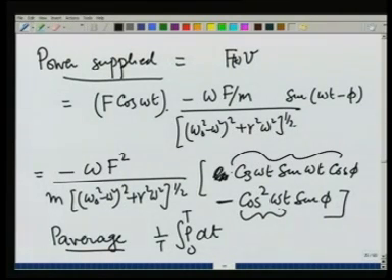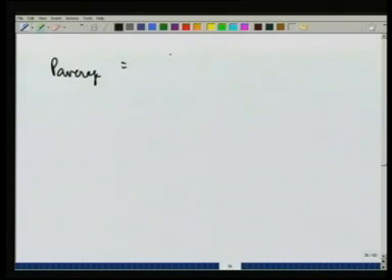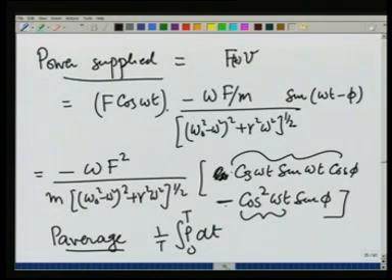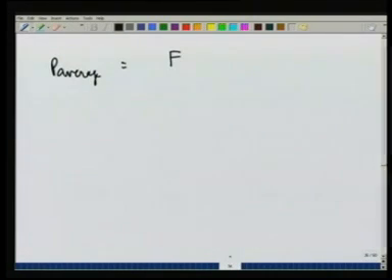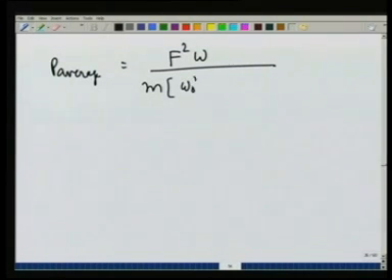Cosine square omega t integrated over a cycle is going to give me 1/2, and this minus sign takes care of the other minus sign, and therefore, average power supplied is going to come out to be F square omega over m, omega naught square minus omega square plus gamma square omega square raised to 1/2, times sine of phi.